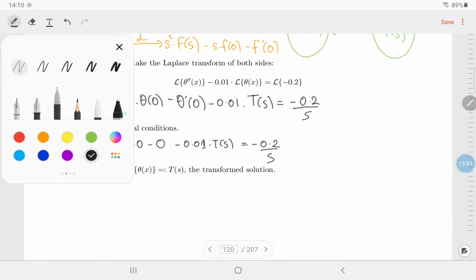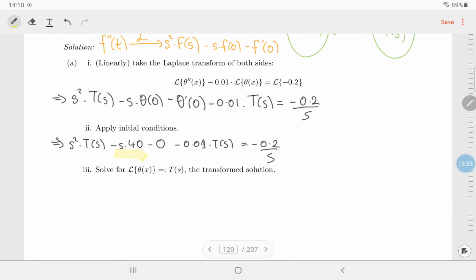We want to get this out of there, so we're going to add that to both sides. So we have s squared times big T of s minus 0.01 times big T of s equal to 40s minus 0.2 over s.